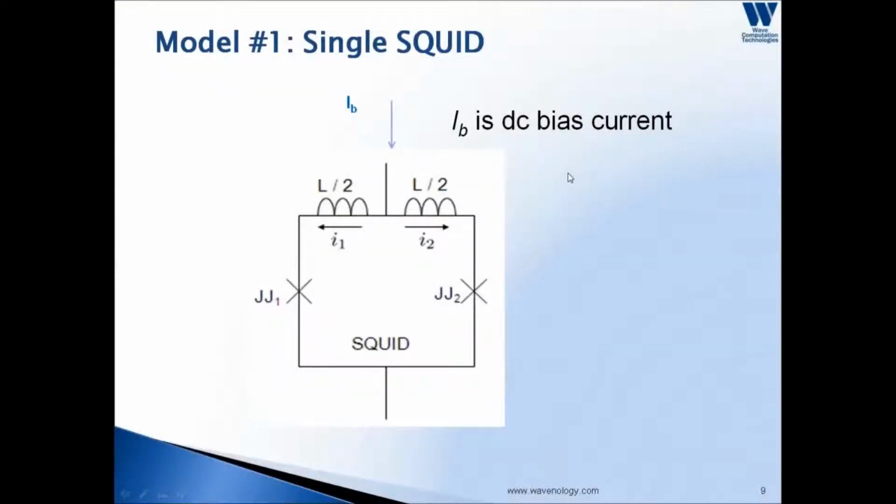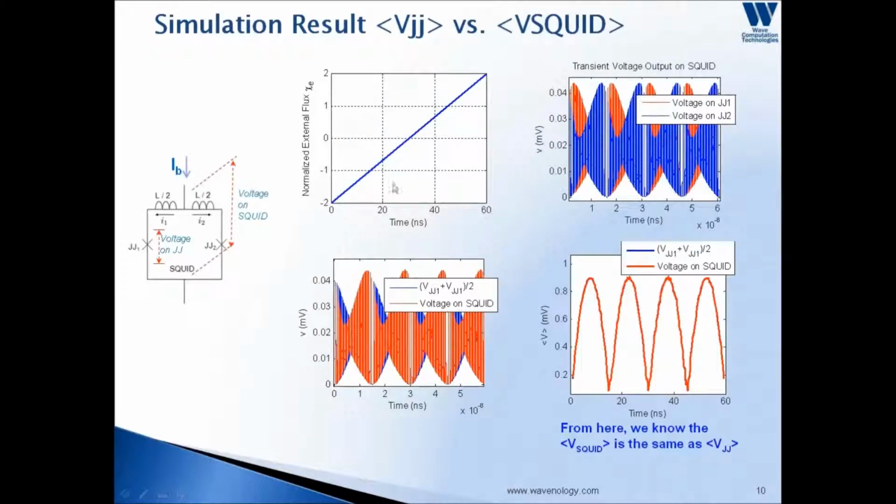As planned in the agenda, the first model would be the single SQUID. Let's start from the simplest. It's just two Josephson junctions with two additional inductances. We verify this using the DC pumping current and a constant magnetic flux from 0 to nanosecond, with its magnitude changing from -2 to 2.